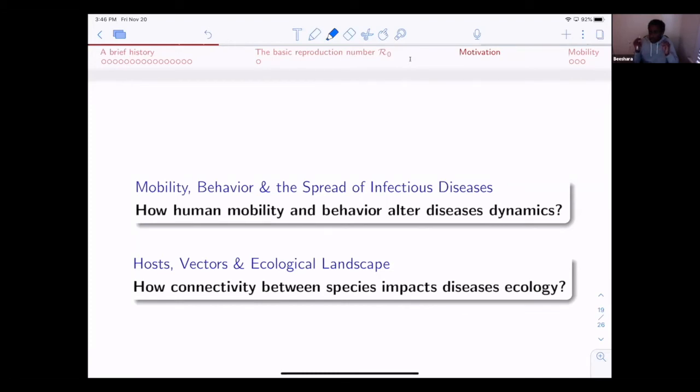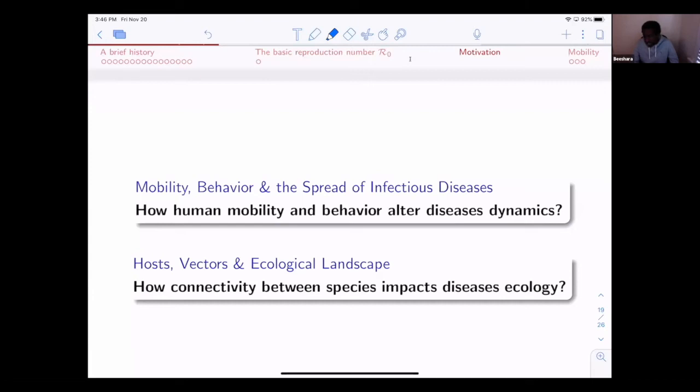So in order to reduce our beta, we need to reduce our mobility, and we have to have good behavior to reduce our risk of infection. So the goal is how to act on mobility and behavior to mitigate the spread of infectious disease. Okay.